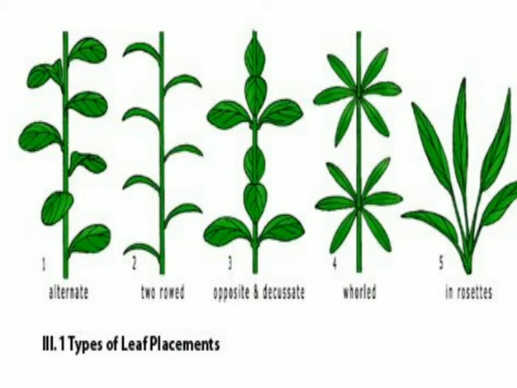Now, there could be one leaf on each node, or there could be two leaves on each node. That is, instead of one leaf, two leaves arise from one node, and this is called opposite phyllotaxy.